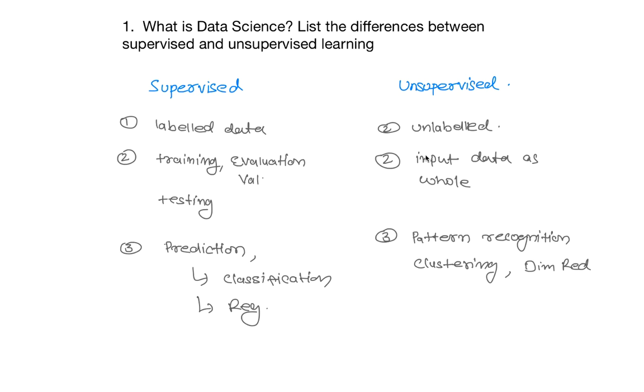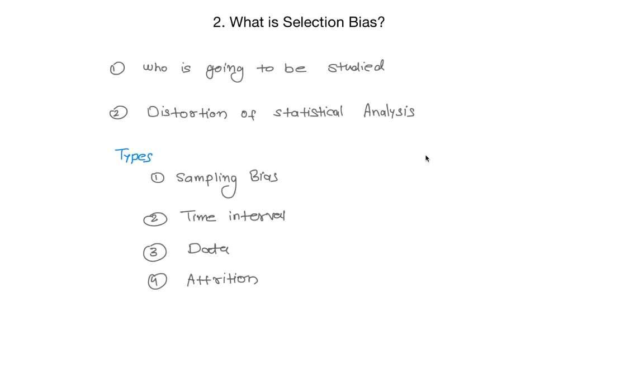Let's go ahead and see the second question. The second question is, what is selection bias? Selection bias is a kind of error that occurs when the researcher decides who is going to be studied. It is usually associated with research where the selection of participants is not random, and it is sometimes referred to as the selection effect.